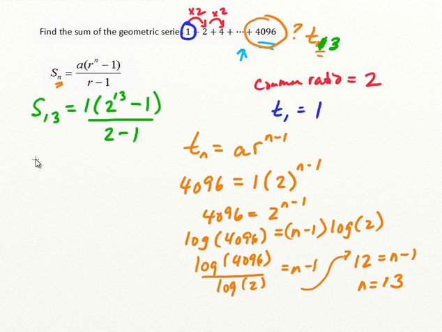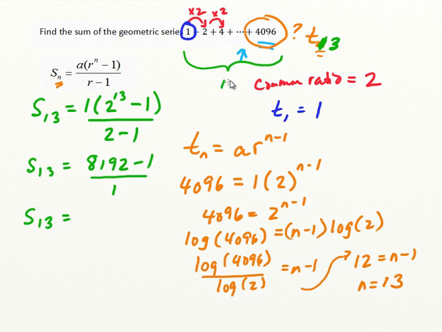This means that the sum of 13 is equal to 2 to the exponent 13, which is 8,192, minus 1, all of that divided by 1. So the sum of this geometric series, which starts here and ends there and has 13 terms in it, is actually equal to 8,191. So there's a couple of examples working with geometric series.